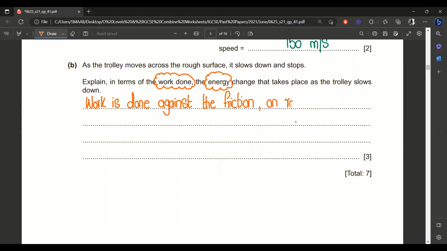So on the rough surface, kinetic energy decreases, or it will convert into thermal energy, right?